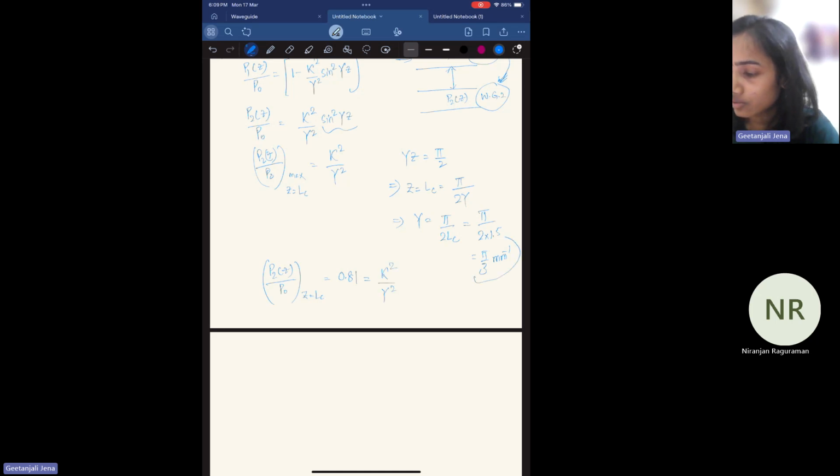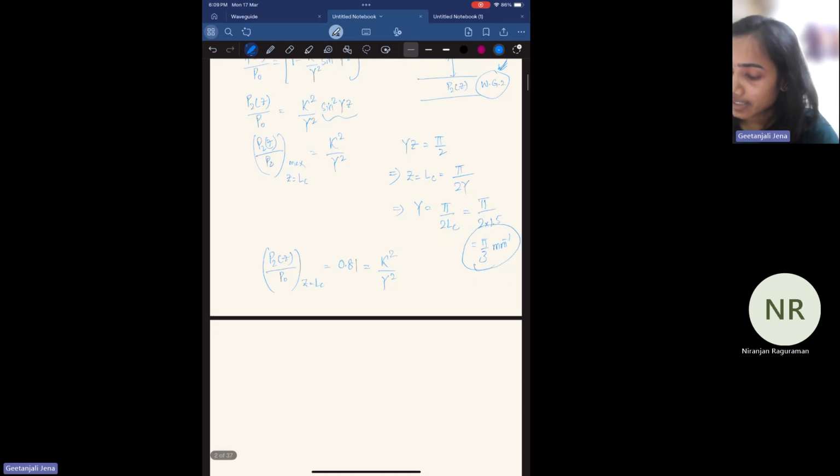Gamma we already know, calculated using the coupling length. So kappa squared is 0.81 gamma squared. So kappa, the coupling coefficient, is the square root of 0.81, which is 0.9, times gamma.